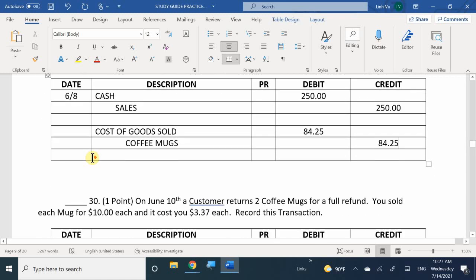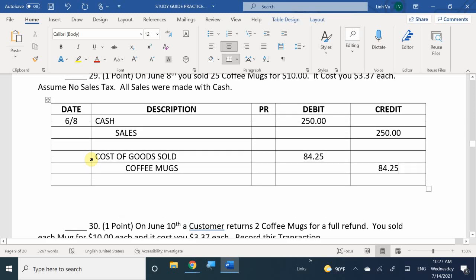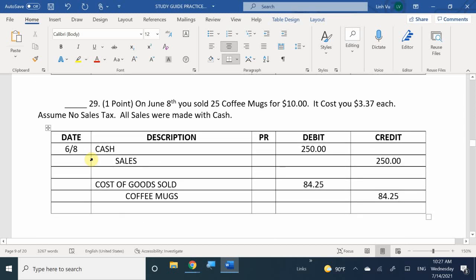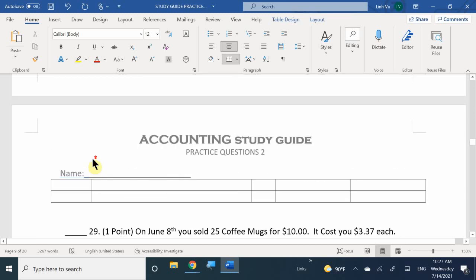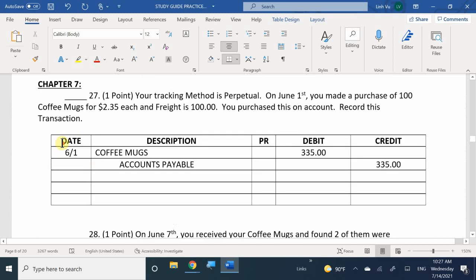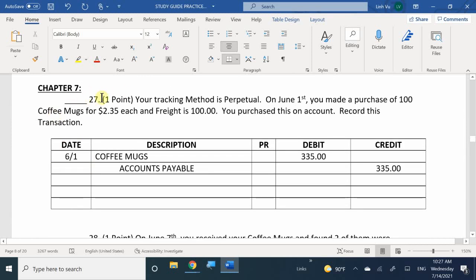Good. So, do we have to assume those questions are related? In this case, just because they're all tied under chapter 7. For future classes, I'll put a little note that says questions this and this are related. So in this case, this is a continuation.